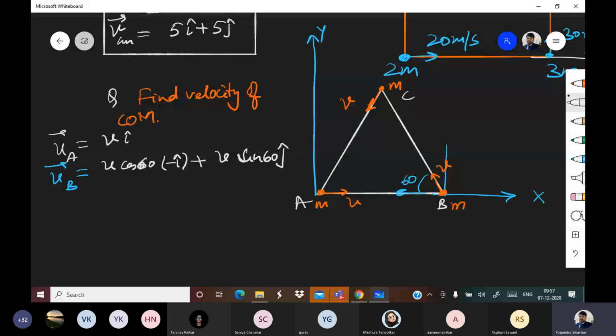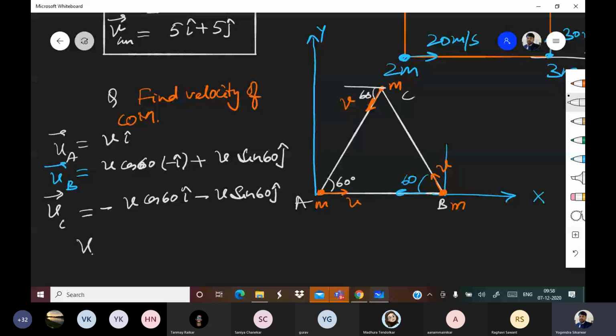Let it be like this. Now similarly, if this is 60, this will also be 60. So VC is equal to V cos 60 I cap minus V sin 60 J cap.